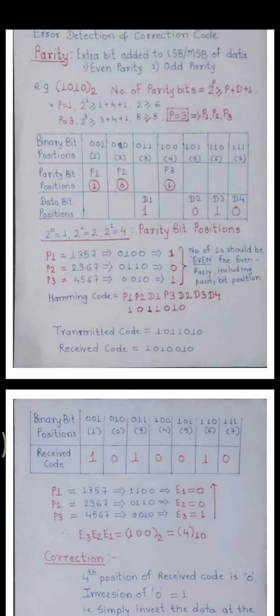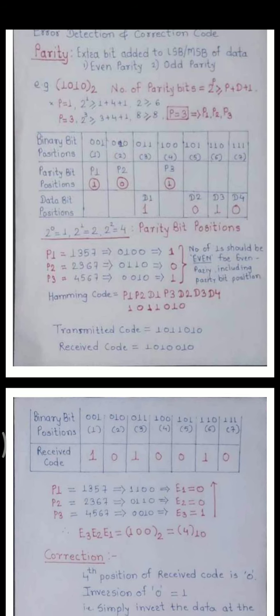So the positions are 2, 3, 6, 7, and the corresponding data: 2 has no data still, so we have written 0. 3 has 1, 6 has 1, and 7 has 0. So the group of binary data becomes 0110. Here 0110 means the total number of ones is 2, which is even.